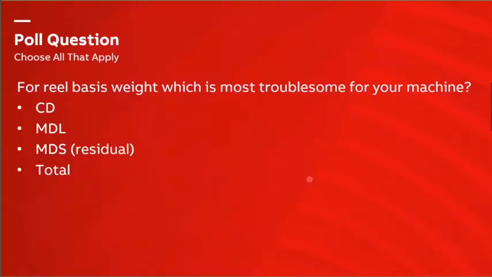Okay, at this point, I think Chris, we're going to do a poll question here, and hopefully he can pull that up. I don't know if I can really see it from my side, but read through it, and then you can go ahead and answer the poll question for your basis weight sensor. Okay, should be seeing the poll. We've got about a minute for this.